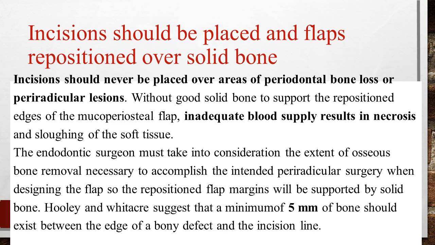The ideal extent of your flap should extend at least to the distal side of the canine on one end, and at least to the mesial side of the lateral incisor or the distal side of the lateral incisor on the other end. This will become more clear when you have a clinical picture, so it will be easier to explain.